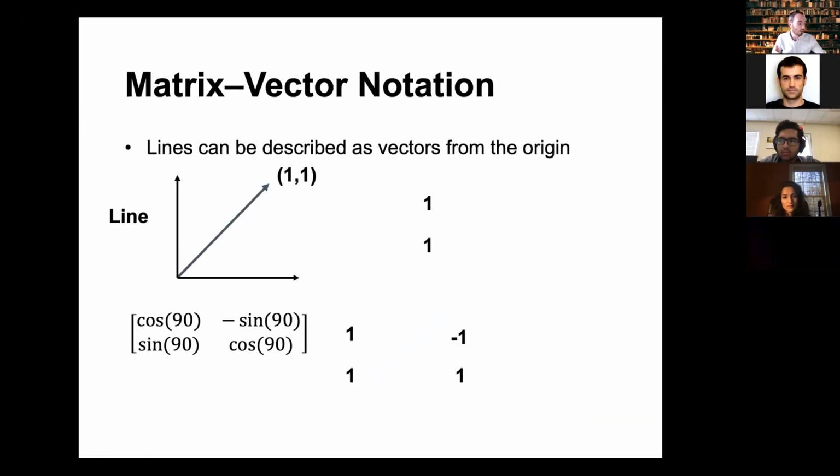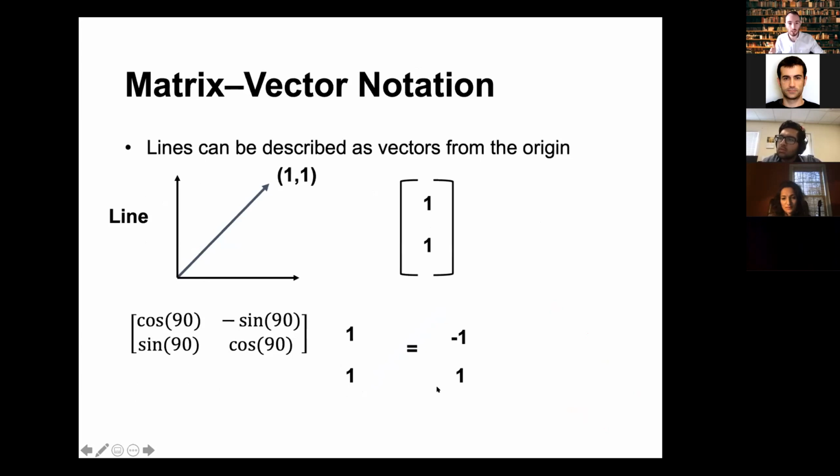Next slide. Great. And I'm just highlighting what I was saying before. This point could be represented as 1, 1. This rotation matrix times this vector produces this vector, negative 1, 1. So this is our 90-degree rotation. You take the matrix product of this matrix and this vector, and you'll get these 2 values out.